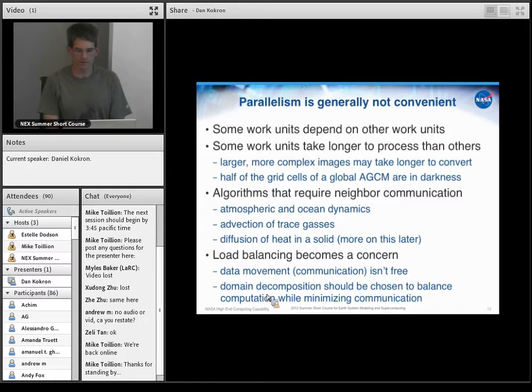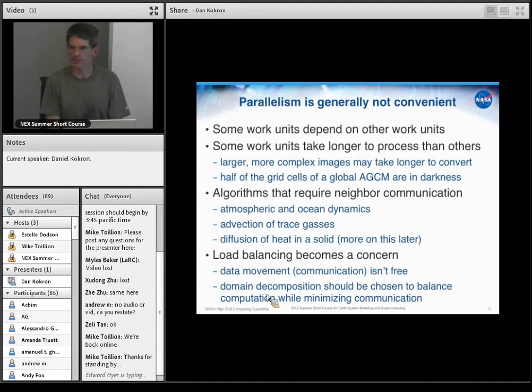Diffusion of heat in a solid is the example I'll go over later. If you break the problem up and do parallel processing, you have to share information at every time step in order to get an accurate result.